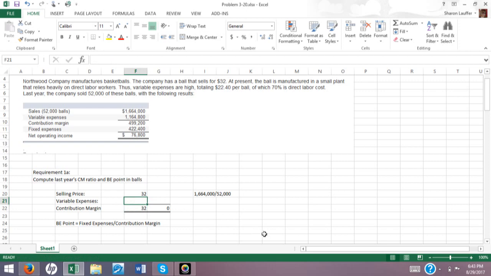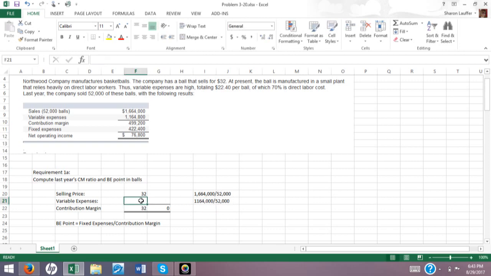So let's write this out here: 1,664,000 divided by 52,000 balls. I knew something didn't look right here. It's 1,164,000. Sorry about that. Divided by 52,000 balls. That might help.